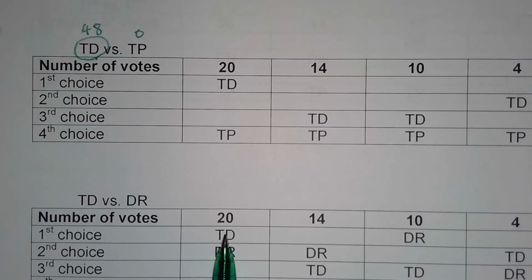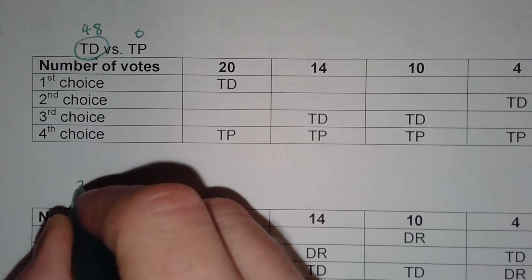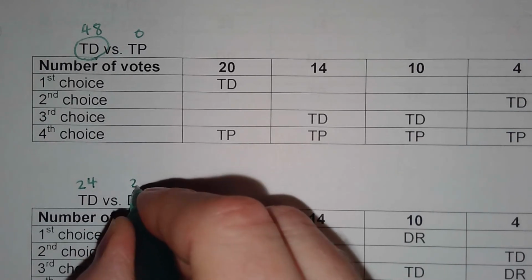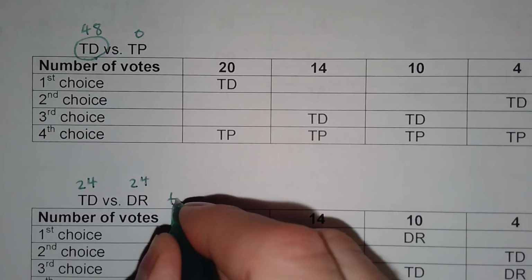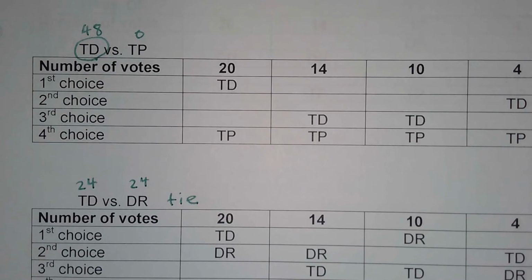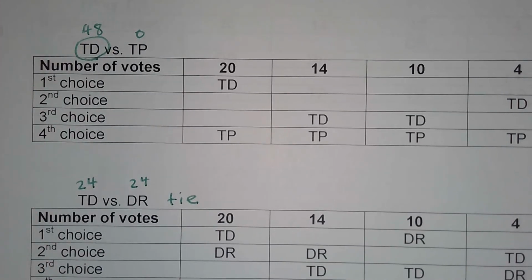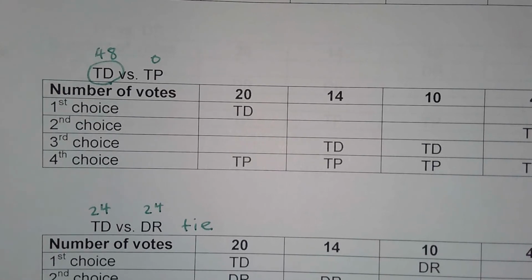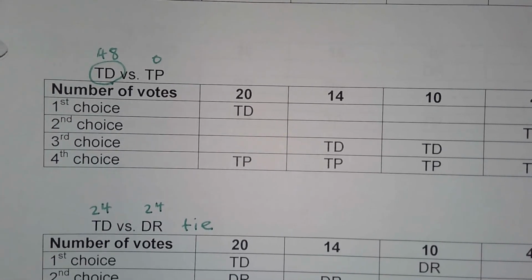So we got 20 for Tim Duncan and another 4 here, that's 24. David Robinson, we have 14 plus 10, that's 24. So this is a tie. Alright, so now I have compared Tim Duncan to the other 3 players.